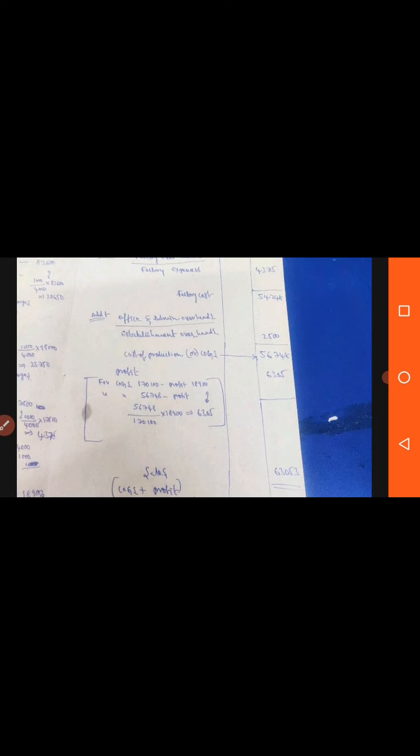So new profit for production of 1000 stoves equals 6,305. So cost of production 56,748 plus profit 6,305 equals sales 63,053. COGS plus profit equals sales, 63,053.